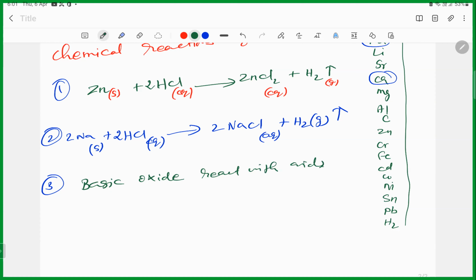Whenever you have a metal oxide, if you put it into water and it behaves like a base, it is a basic oxide. If a metal oxide behaves like an acid in water, it is called an acidic oxide. For example, carbon dioxide in water gives carbonic acid, H2CO3, so it becomes acidic in nature.